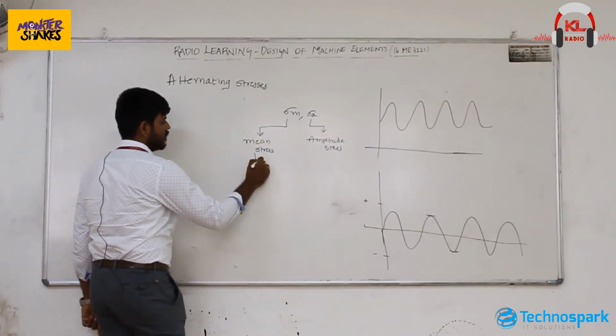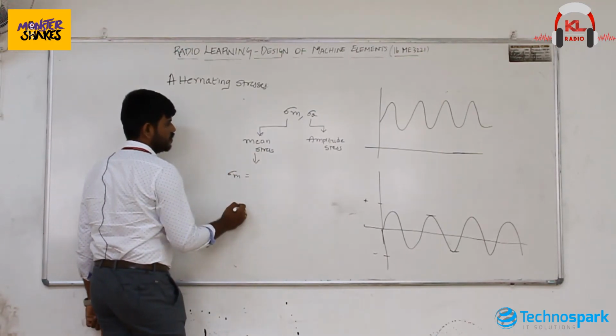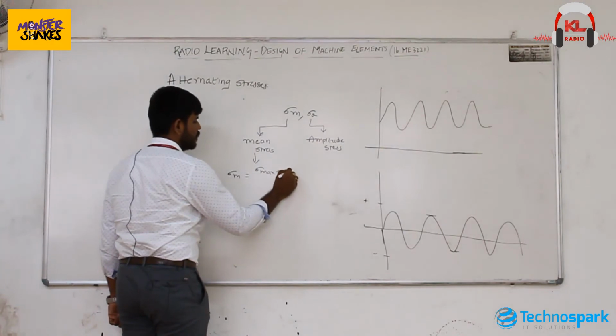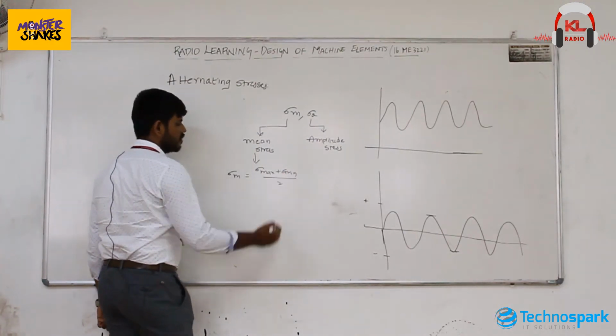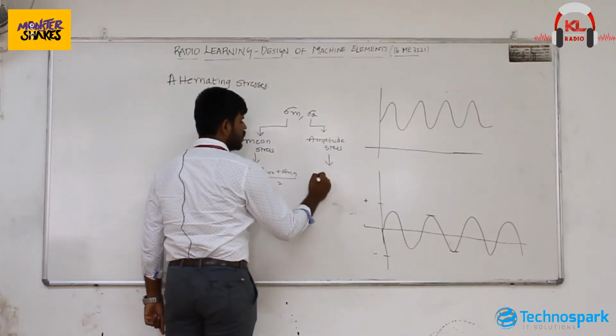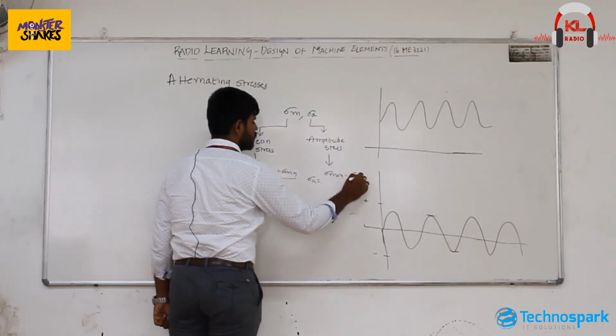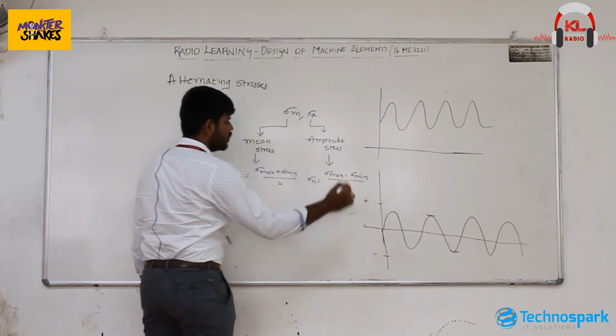Mean stress, sigma m, is equal to (sigma max plus sigma minimum) by 2. Amplitude stress is equal to (sigma max minus sigma minimum) by 2.